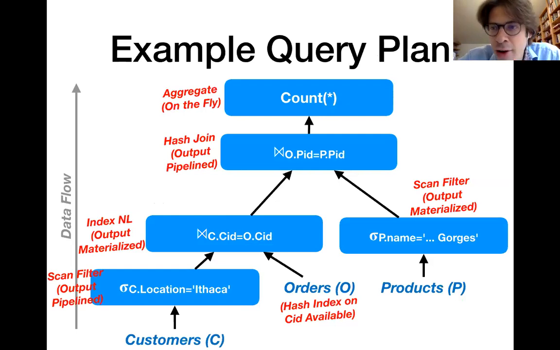At the leaf nodes, you have base tables, and at the root, you have the final query result. Here, each of those inner nodes represents an operation, and those arrows, those tree edges, represent data flow. So here we have operations that take one operand as input and operations that take two operands as input.